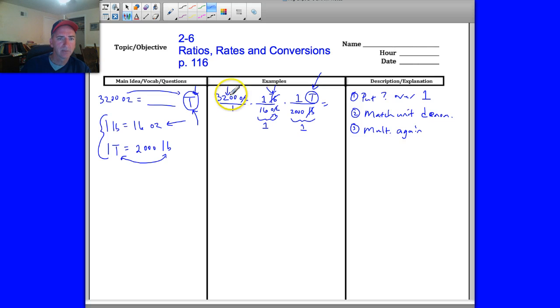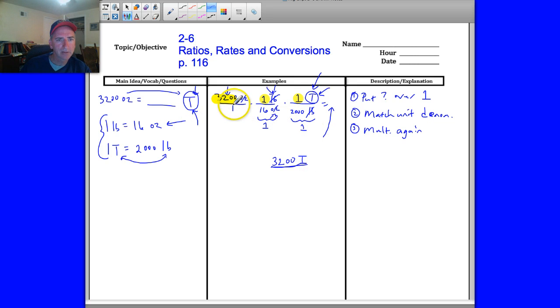Now, here's what you multiply. I'll go to my highlighter. There we go. 3,200 times 1 times 1. That's your new numerator. That gives me a numerator of 3,200. And don't forget your tons. Put my fraction in there.